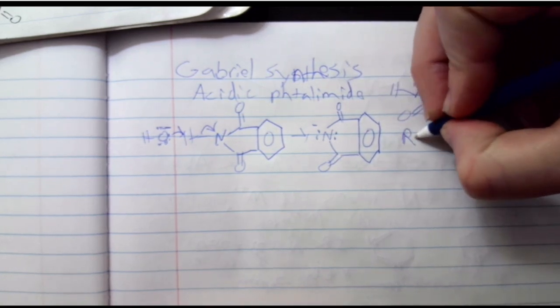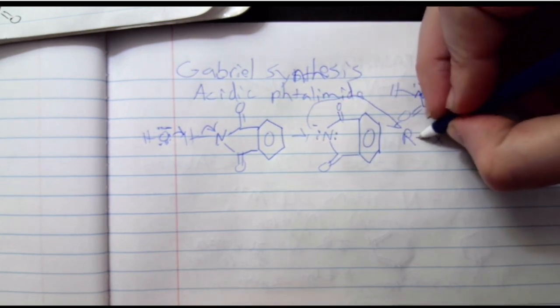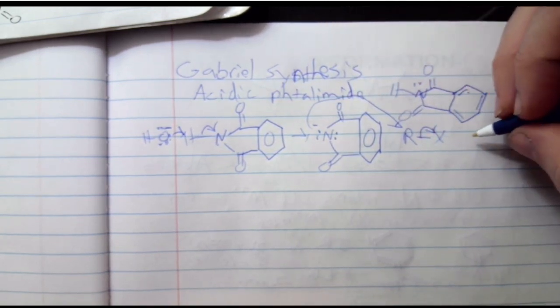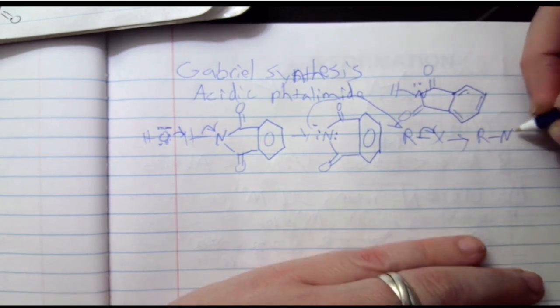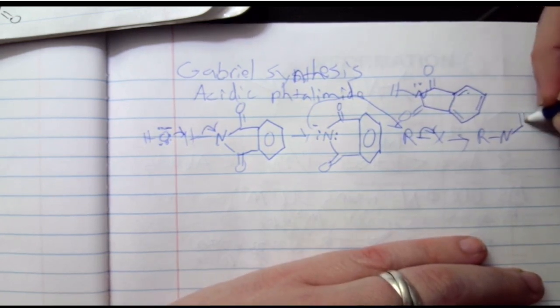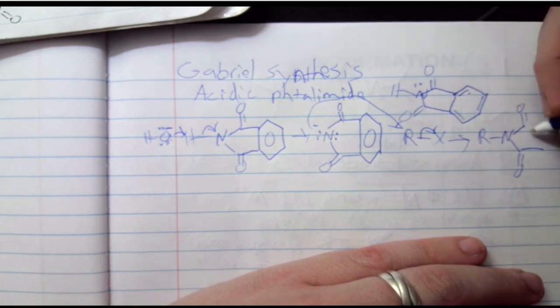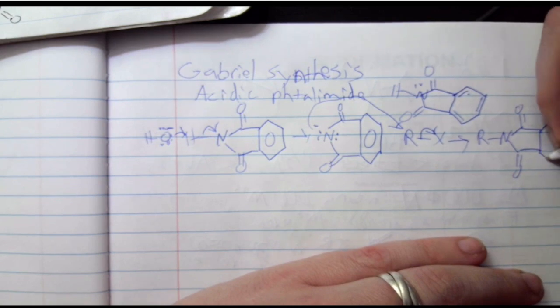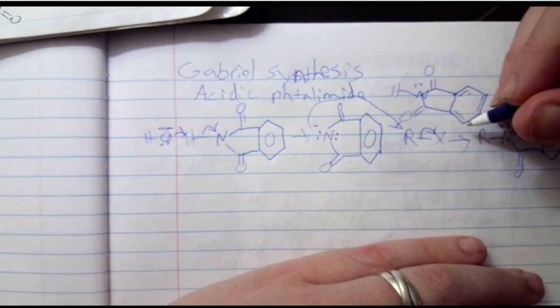So this guy's going to then swing over there, attack that, kick that off. So we're going to place that. Now we have R bound to the nitrogen, and one pair.